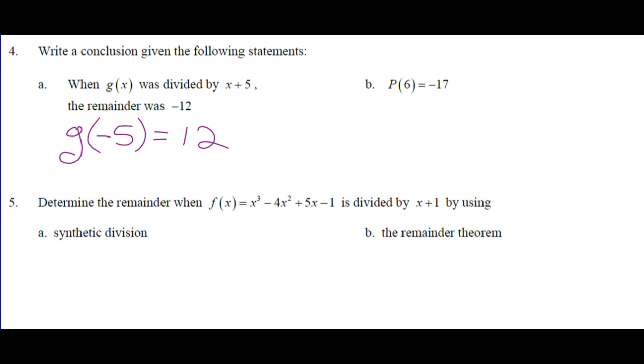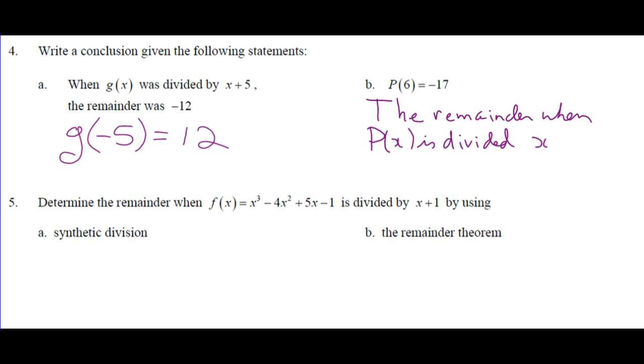If I tell you that p of 6 is equal to negative 17, then what can you say? The remainder when p of x is divided by x minus 6 is negative 17. Yep.